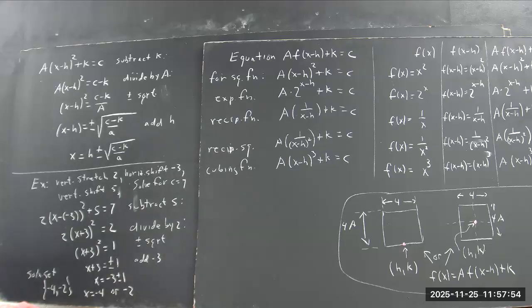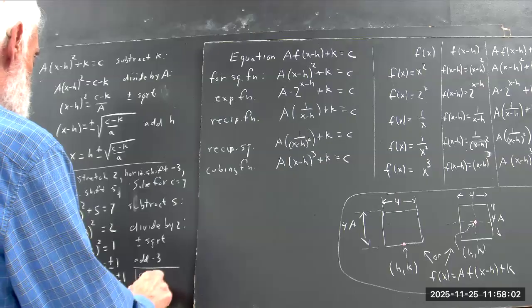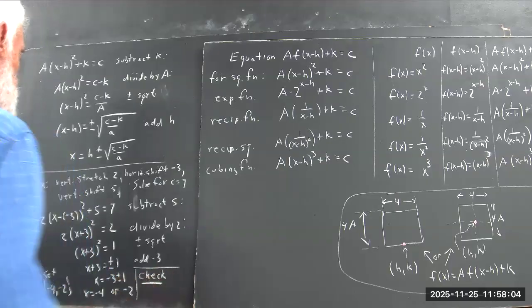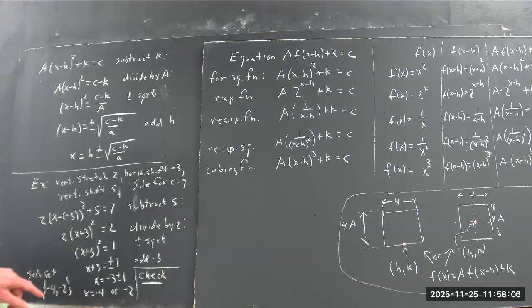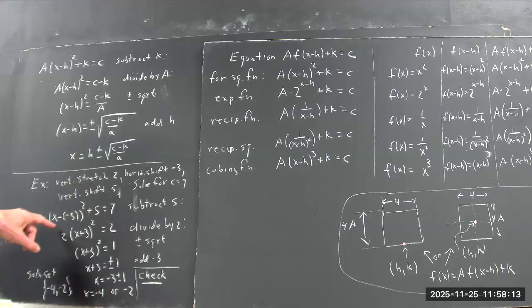Now let's see if -4 and -2 both work. How do we check? We plug -4 into this equation. X is -4, then we have -4 minus -3, which is the same as -4 plus 3, which is 1.